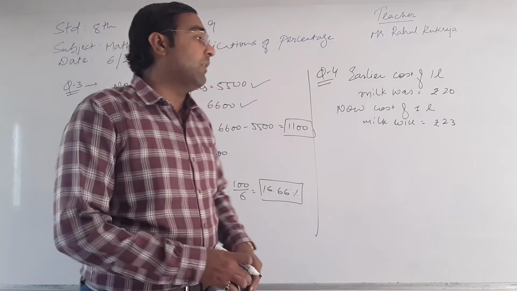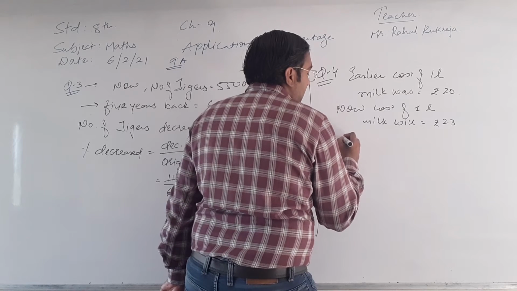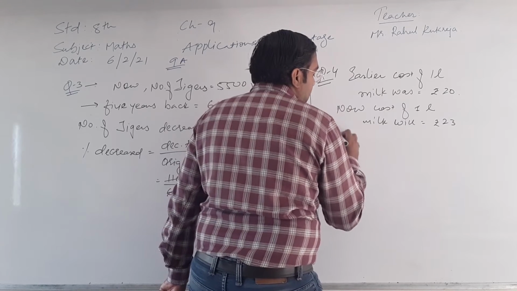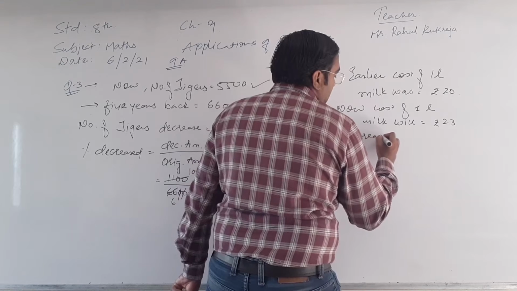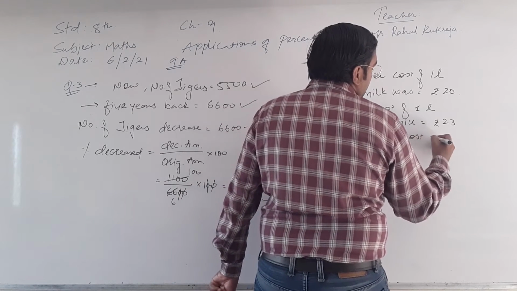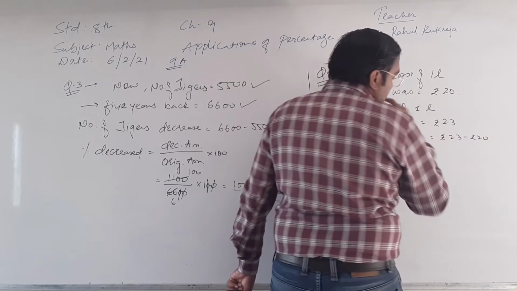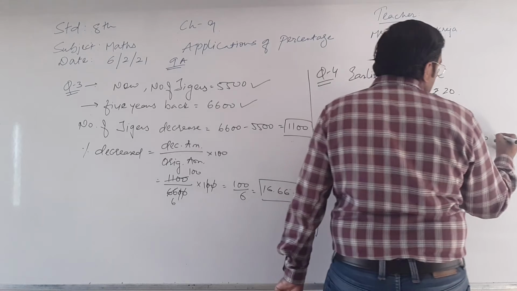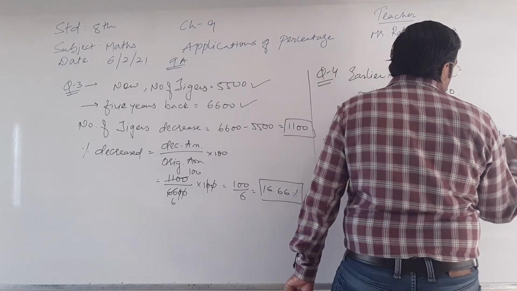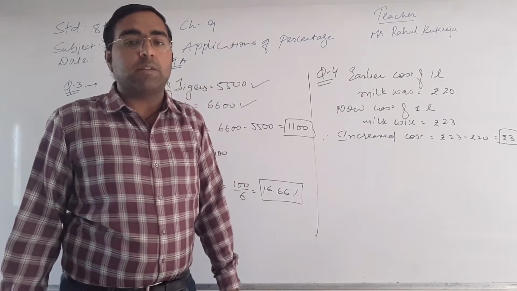Clear? So therefore here amount of increase, or increase cost, it will be 23 minus 20. So it will be rupees 3. Rupees 3 are increased from last year.